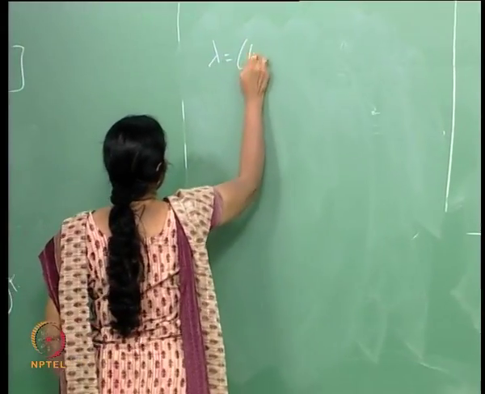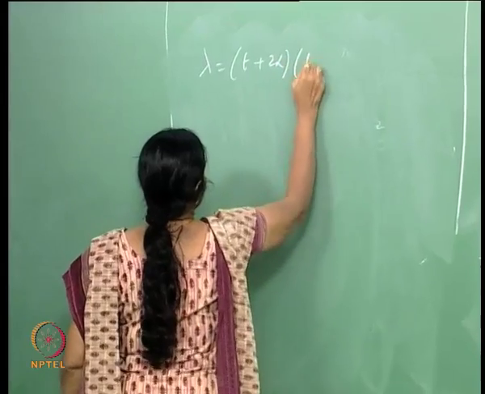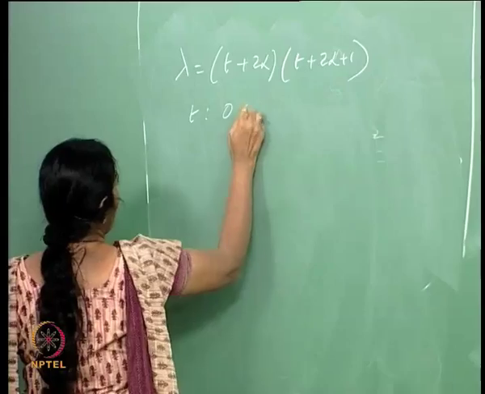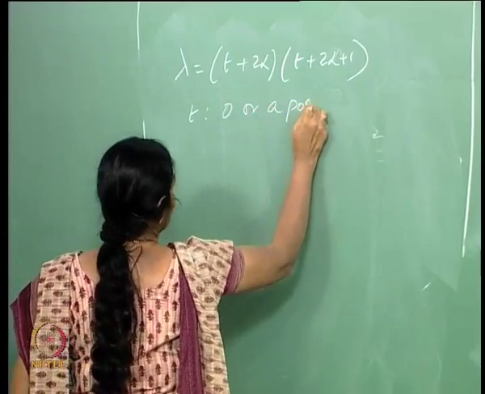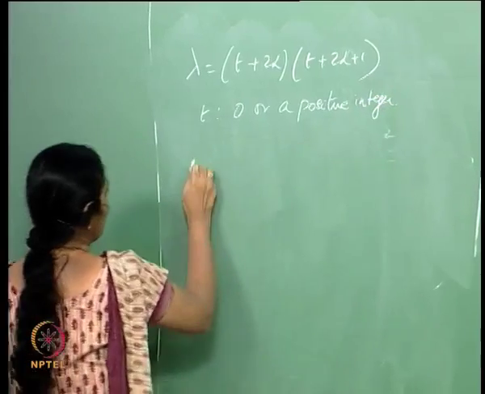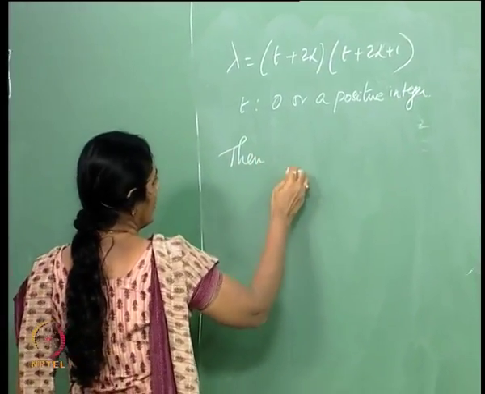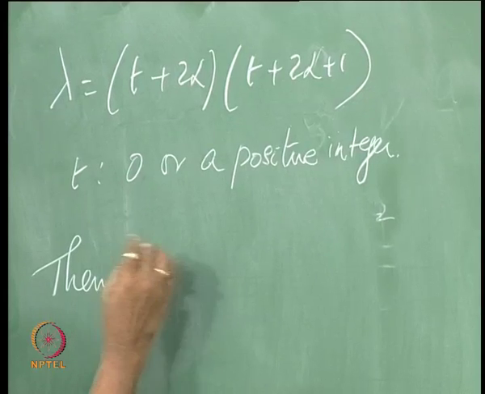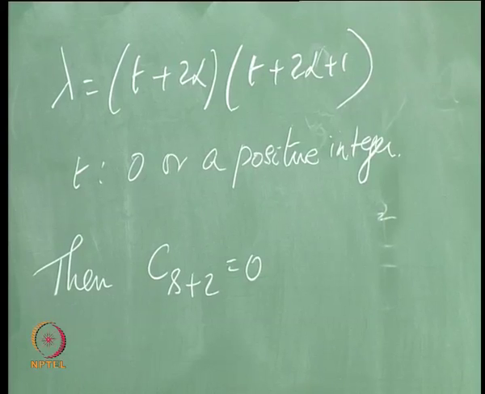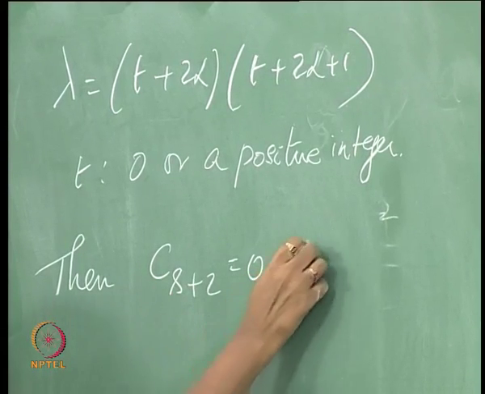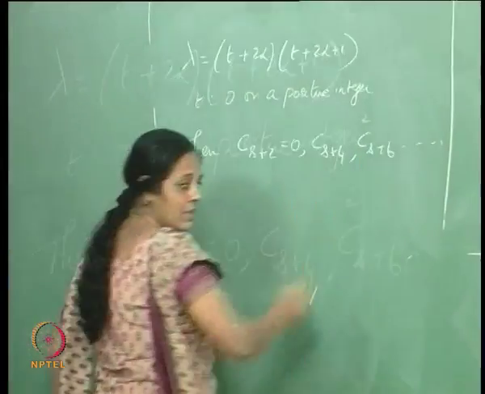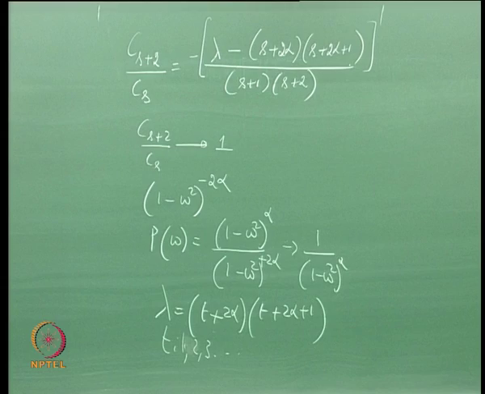Choose lambda to be t plus 2 alpha times t plus 2 alpha plus 1, where t is 0 or a positive integer. Then the series terminates when s takes the value t, and Cs plus 2 becomes 0. Because Cs plus 2 is 0, Cs plus 4, Cs plus 6, etc. are 0, because the same recursion relation holds.